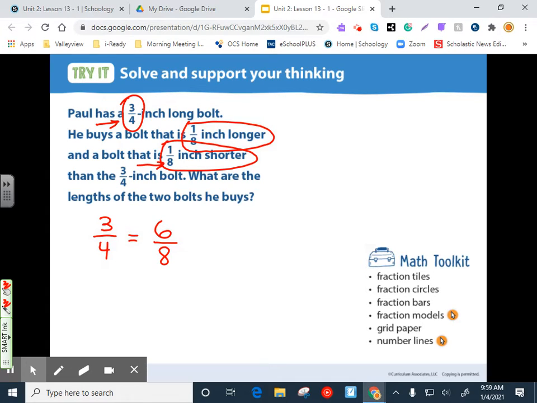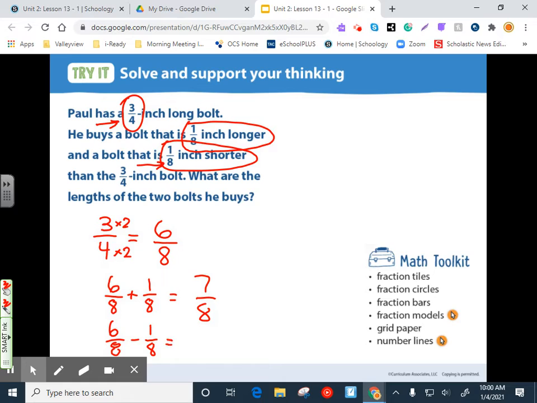Again, our warm-ups usually are related to the next question. So I double the top and the bottom to get that. Now, I need one that is 1/8 longer. So 6/8 plus 1/8 equals 7/8. And we need one that's 1/8 shorter.